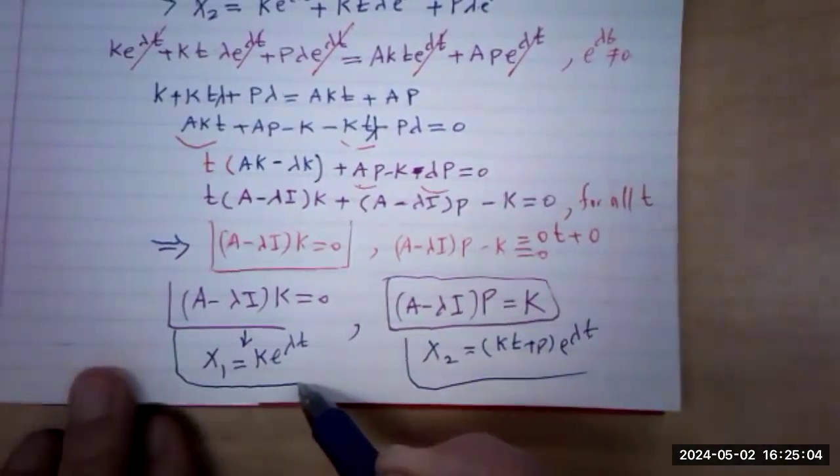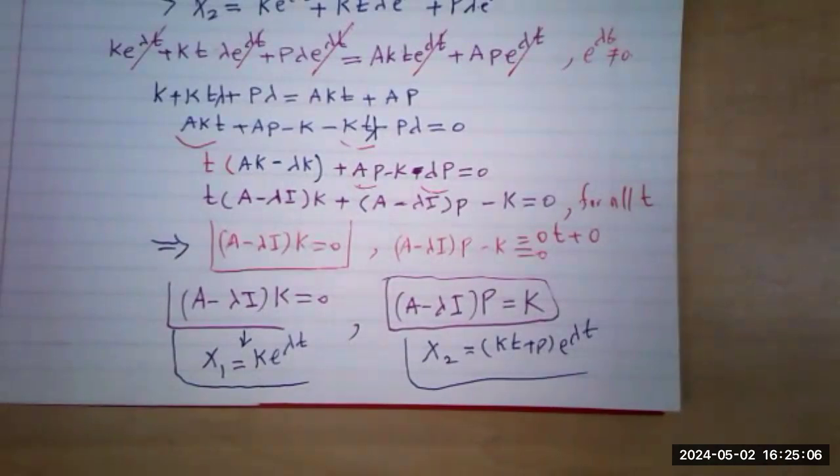That gives us the form of the second solution, and the way to find it. As soon as you find K, you come back and form this equation for P, where P is a vector P1 and P2. Then we can find it, put them together, and that gives you the solution of the equation.